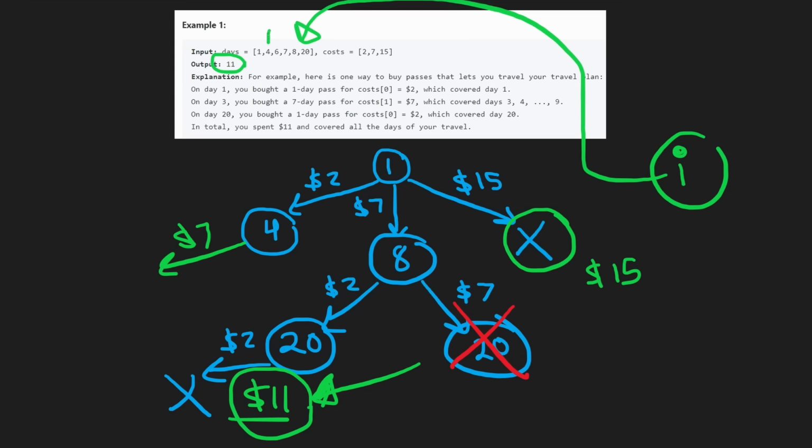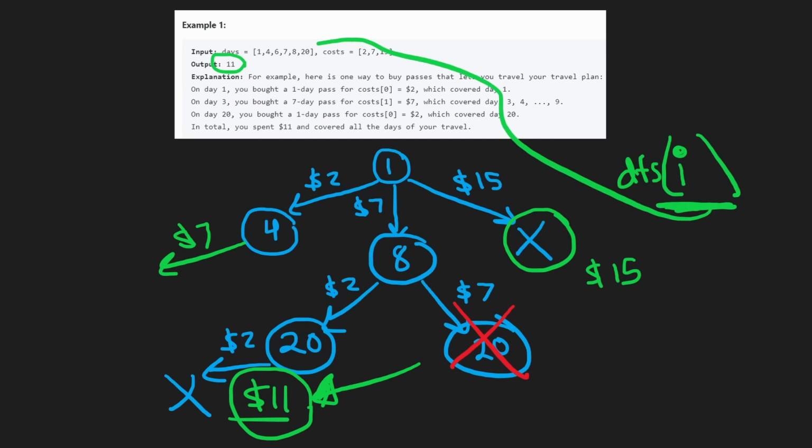If we're at index 1, then we're at day 4. If we're at index 2, we're at day 6, etc. And that's really the only parameter we're going to have to pass into our recursive DFS solution, right? i is the only parameter, the index of the day that we're at, because our costs are always going to be the same. This is never going to change or anything. So i is the only parameter we're passing in.